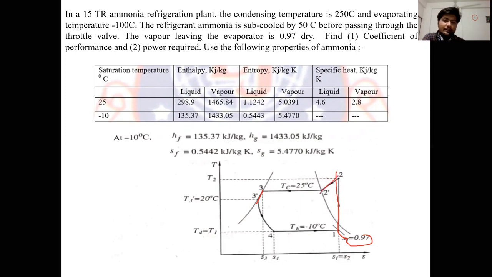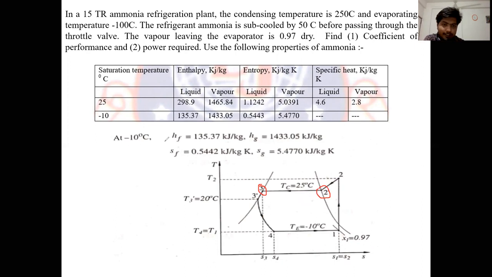So 2' to 2 is superheating, the degree of superheating, and 2 to 3' is at constant temperature or constant pressure, latent heat rejection here, and 3' to 3 is the subcooling process, and 3 to 4 is an isenthalpic process.